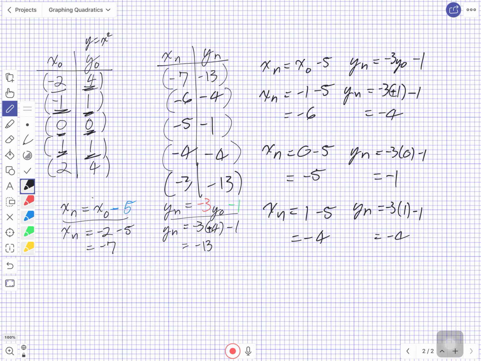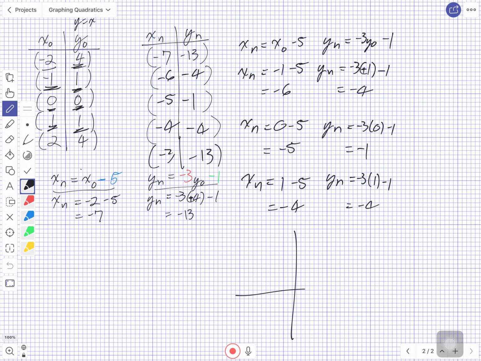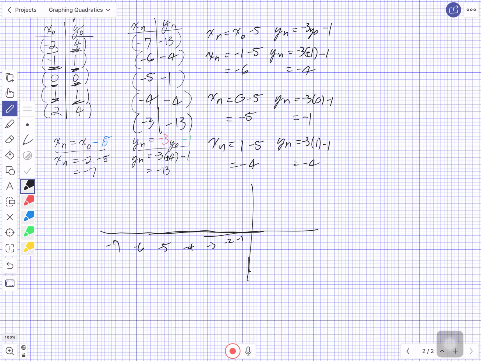I can, on a graph, give myself a rough sketch here. We'll say this is negative 1, negative 2, negative 4, negative 5. Oh shoot, I've got to go to negative 7. There's negative 7. I've got lots of stuff over here. And it goes all the way down to negative 13. So I really got to extend this graph a bit.